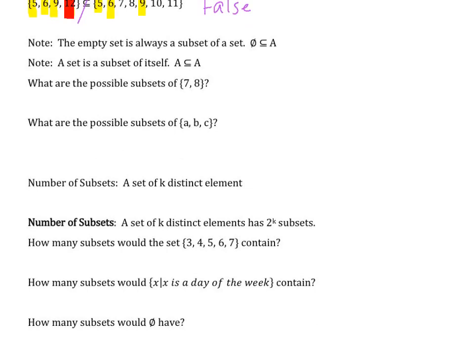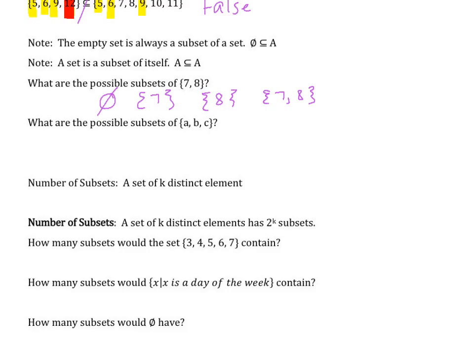We just said that the empty set is always a subset, so there's 1. If we had 7 by itself, that's a smaller set of {7, 8}. Similarly, we could have 8 by itself. And then the set itself is a subset. So we have 1, 2, 3, 4 sets that are possible subsets of set {7, 8}.